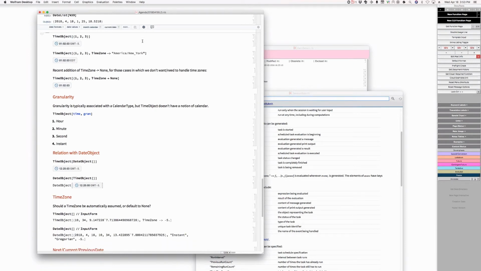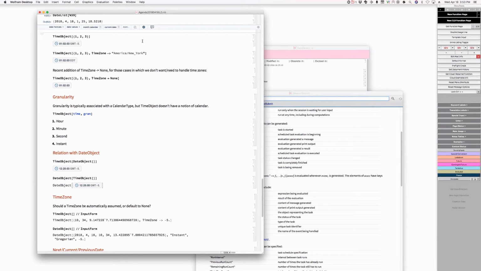Time object has sort of existed in this weird headless form where you can say this is a time object. We know it rotates around on a 24-hour clock. You can give it a specific time zone, but if you try to instantiate it to any given moment, it just has to assume you're talking about today.